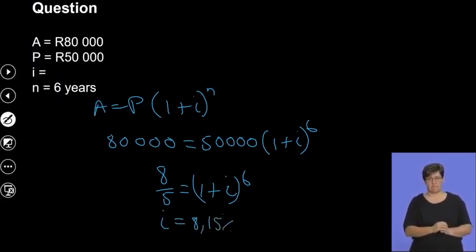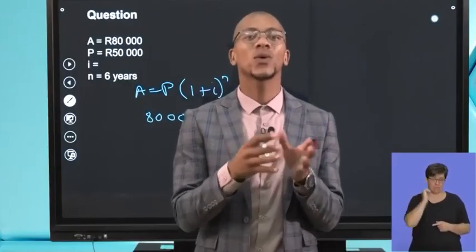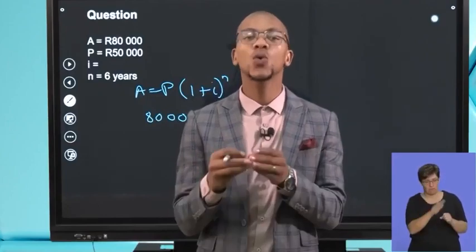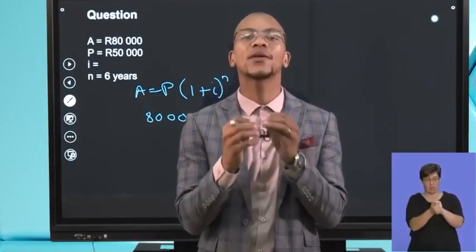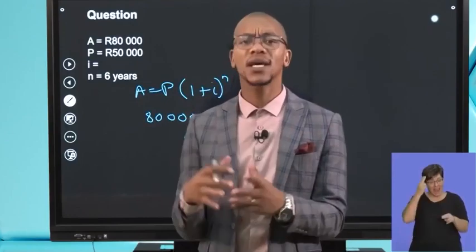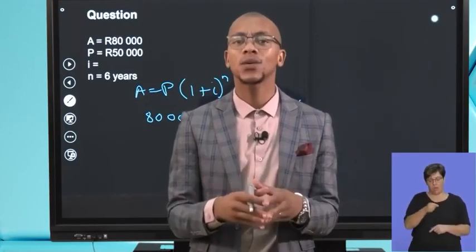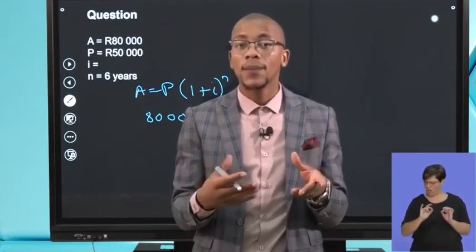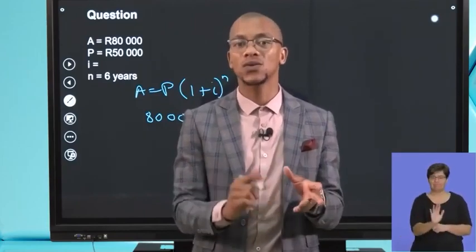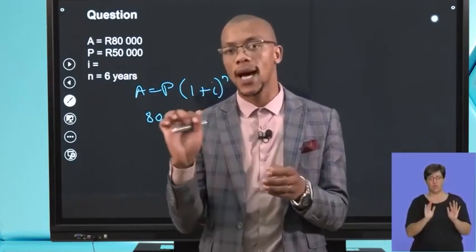Now, what I want you to please note here is that when you're doing financial math, you only round off when you get to the final answer. You saw that as I was calculating, I was getting decimals but avoided writing them down. I was just using the calculator and saying answer, answer.